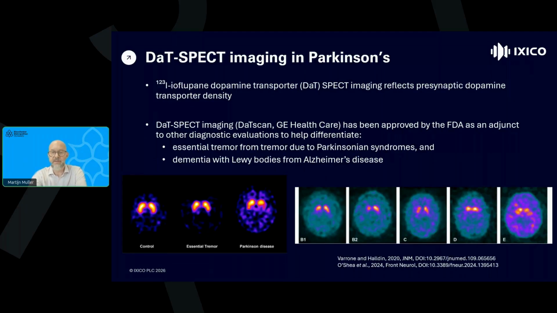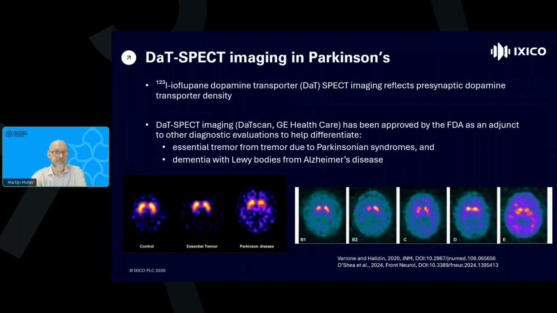In the left image, you can appreciate the notable difference in dopamine transporter density between a person with essential tremor, in the middle, very similar compared to the normal control, and a person that has Parkinson's, in the right part of that image.